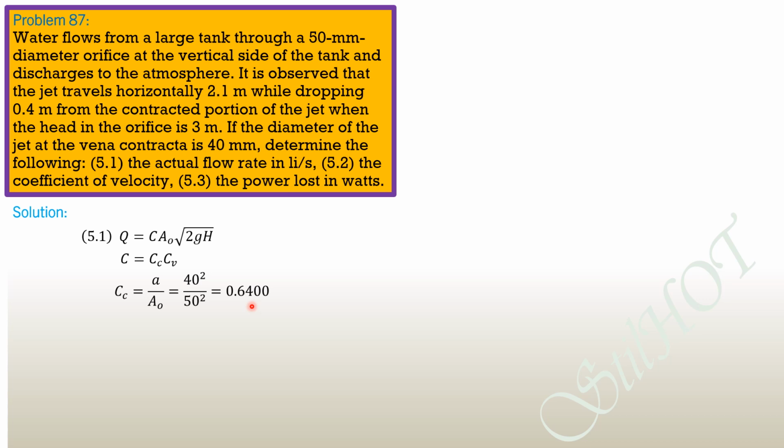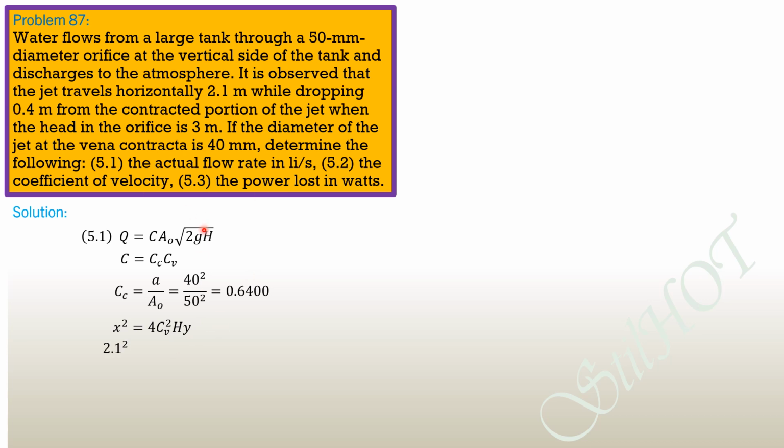Then from x square equals 4 C sub V square head y, that's the equation of the trajectory of the jet when the orifice is on the vertical side of the tank, or the velocity of the jet initially is horizontal. So substituting, x is 2.1, head is 3 meters, y is 0.4.